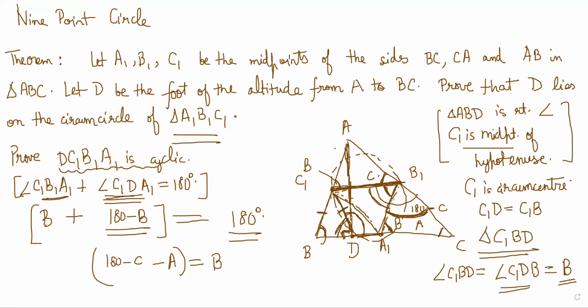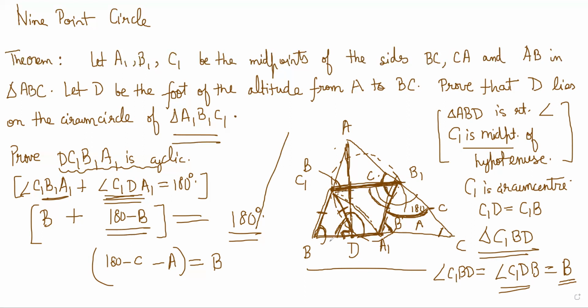So what we realized was that actually we could have done it much more easily. We could have said this is a parallelogram, because B1C1 joins midpoints, so the midpoint theorem will apply. B1C1 will be parallel to BC, and A1B1 will be parallel to this. So opposite sides are parallel.